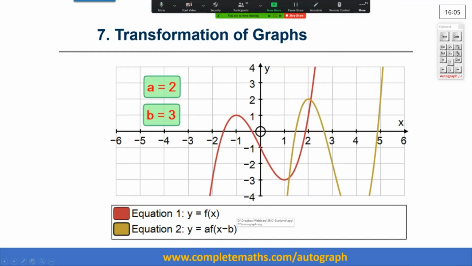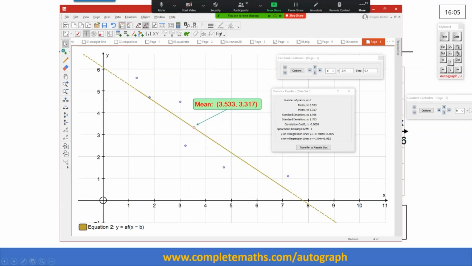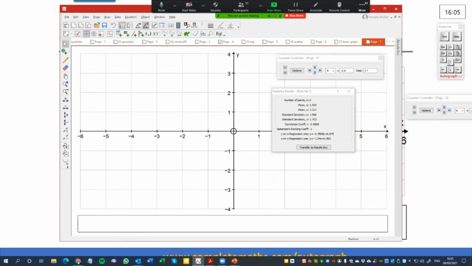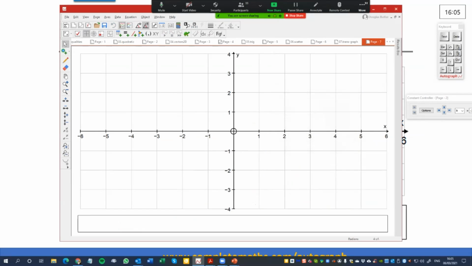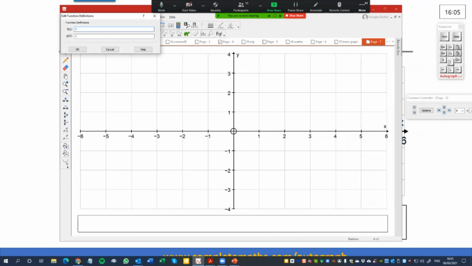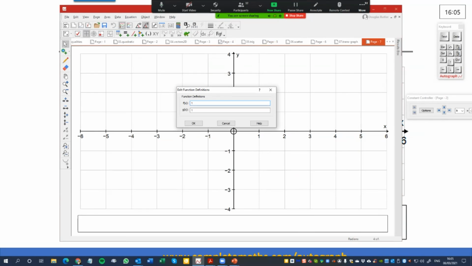Transforming graphs is lovely because in Autograph, on a new page, let's get rid of all these, you can enter a function here, and you might want to make your function x cubed minus 3x minus 1, which happens to be my favorite cubic, and you can have a g of x as well and do f of g and all of that. So there's lots to explore there.